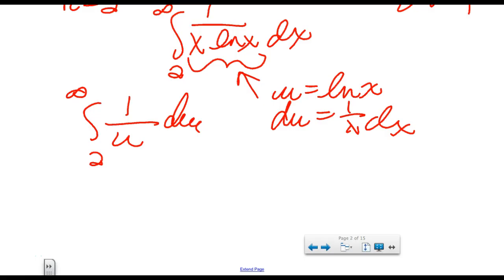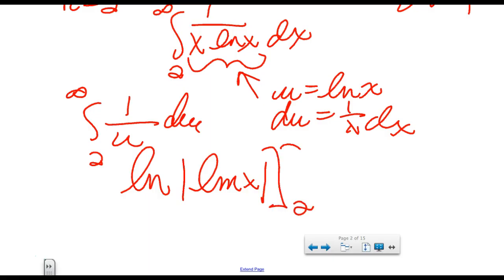I'm just going to keep going because I'm just going to call this ln of the absolute value of u, but who's u? ln x. So this is ln of ln x, and I'm going to evaluate this from 2 to infinity. When I put in infinity, what's ln of infinity? Infinity. What's ln of ln 2?